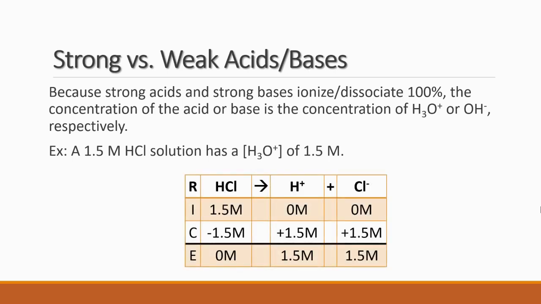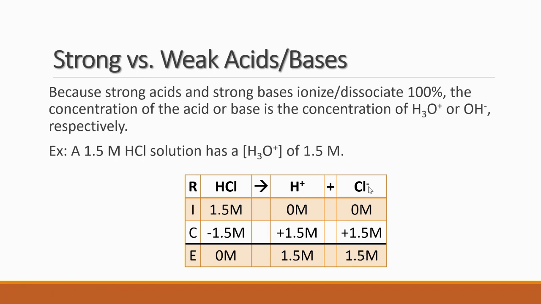And so this RICE table shows what I mean. If we start off initially with 1.5 molar HCl, all of that HCl breaks apart and dissociates into H positive and Cl minus. And therefore, you have no HCl actually present, but you do have 1.5 molar H positive, which is hydronium, and 1.5 molar Cl minus.